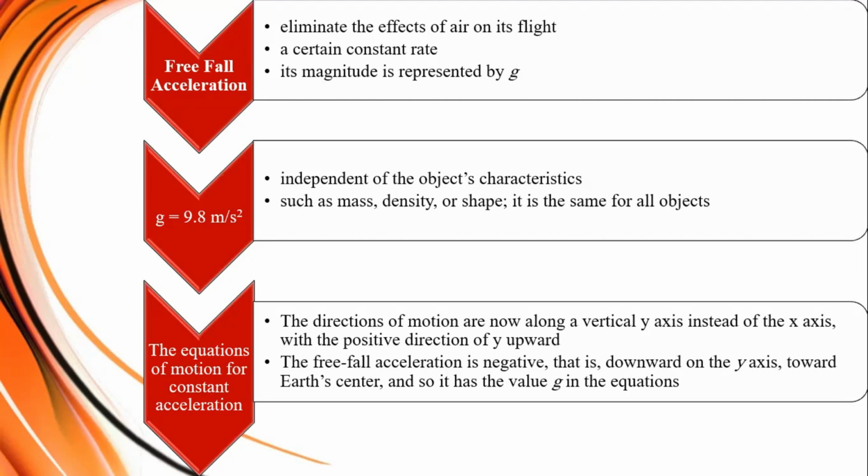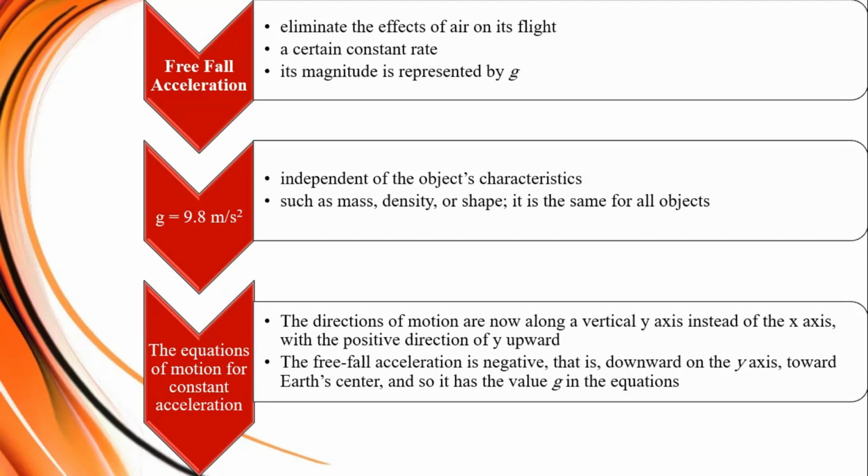The equations of motion for constant acceleration also apply to free fall near Earth's surface. That is, they apply to an object in vertical flight, either up or down, when the effect of the air can be neglected.